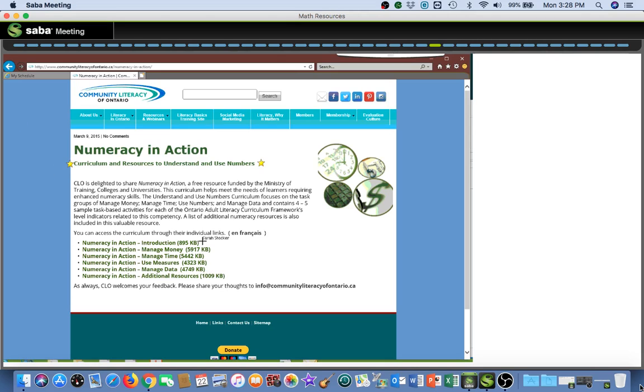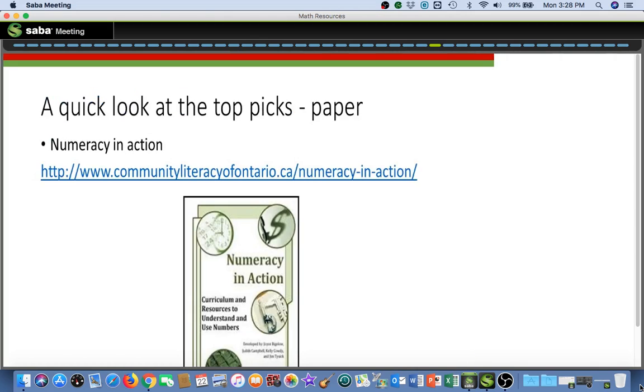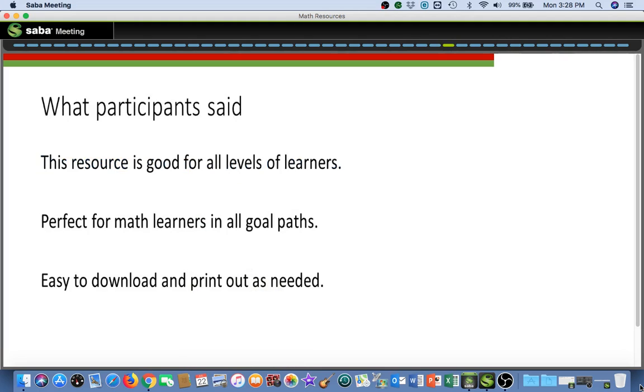Look at the various options you have here. Managing money, managing time, using measures, managing data, and additional resources. I think this would be a great source of information. Here's what people said about it.